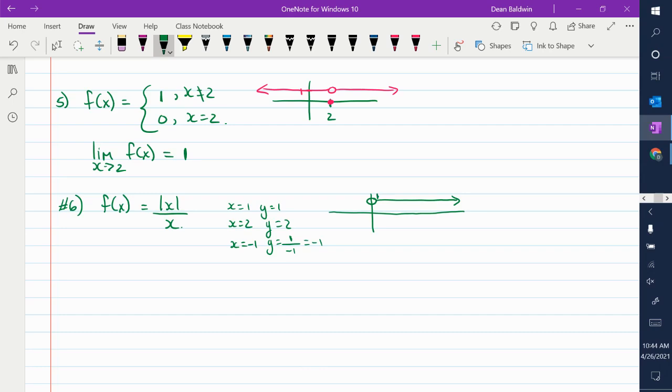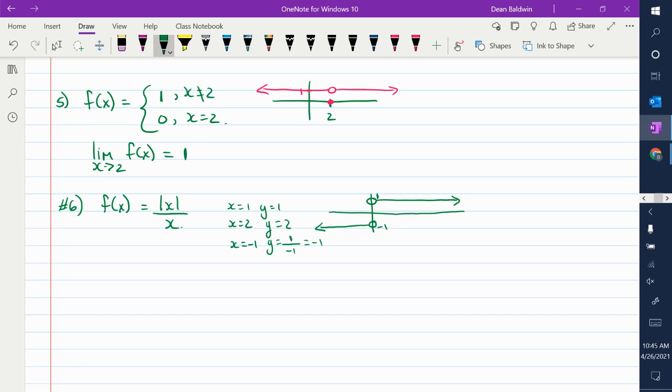So whenever you put a negative x value in, you're going to get negative 1. That's the full graph. And you have open circles because you can't put 0 in there because it all blows up. All right? Okay, all I care about is the graph. Don't worry about this bit.